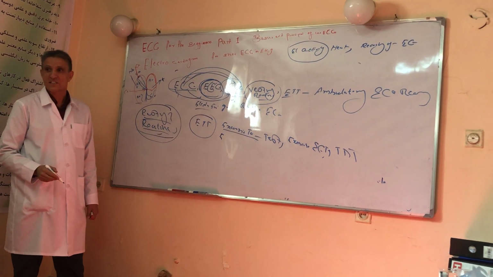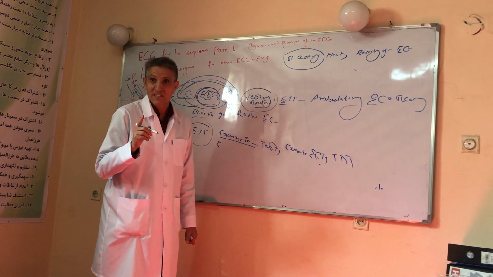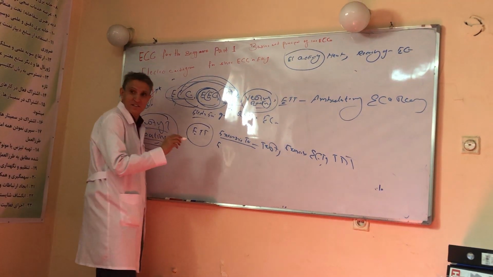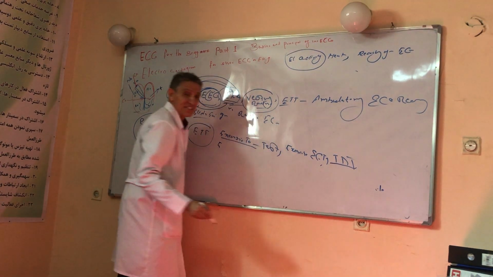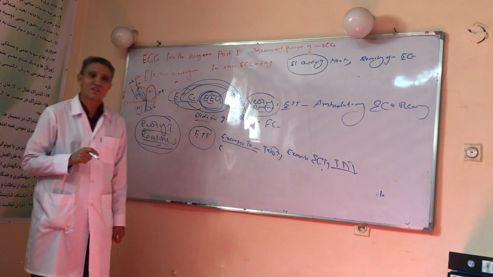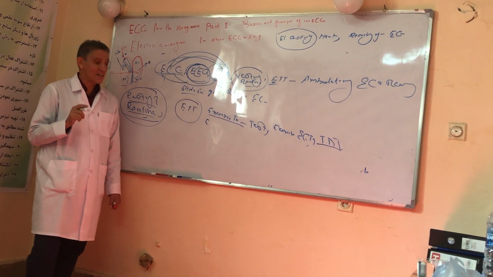That is why some physicians use the term treadmill test, or TDT. This exercise tolerance test provides valuable information about ischemic heart disease or exercise-related arrhythmia.